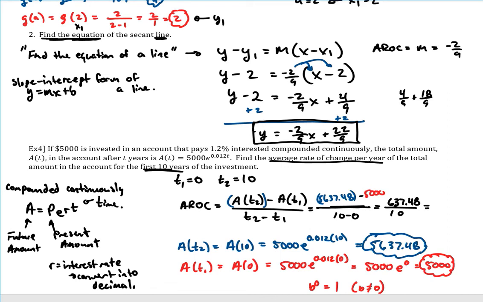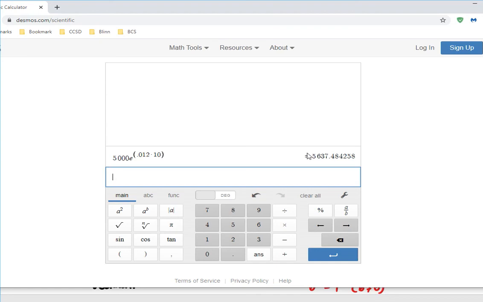637.48. And then if we divide and round, I'm going to take my calculator. You could use this where it knows what it's going to do if you push. Oops, never mind, sorry. Let me click on there.